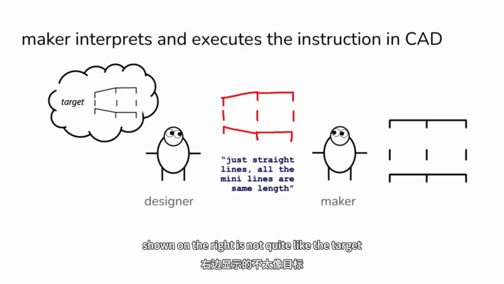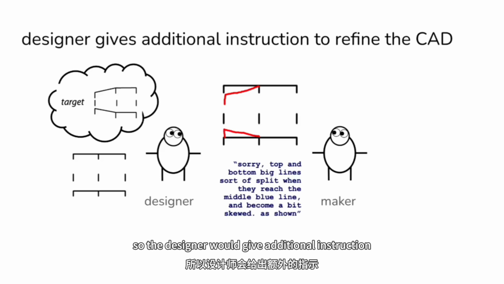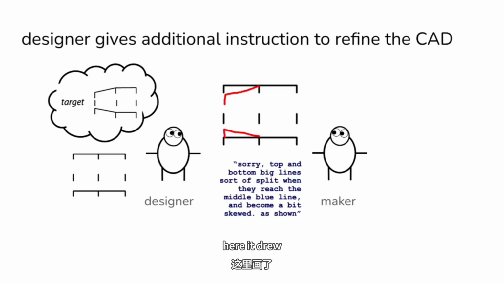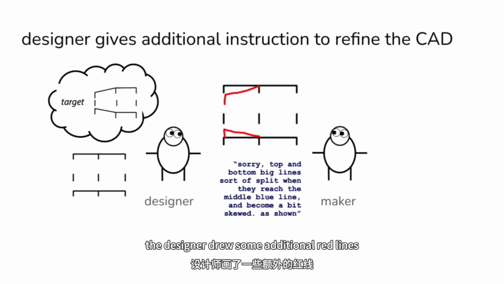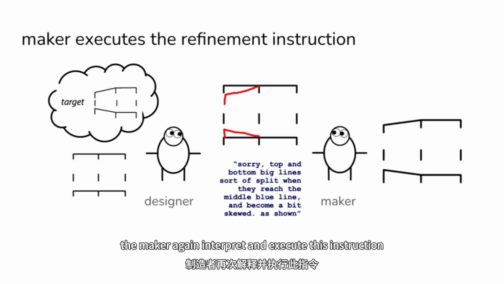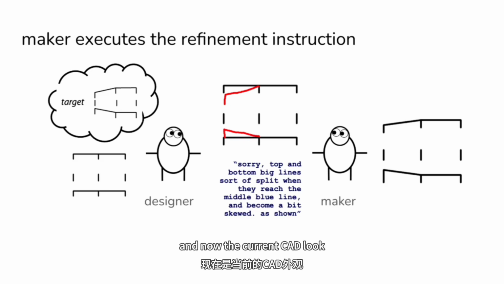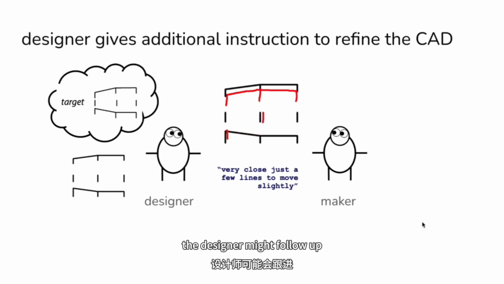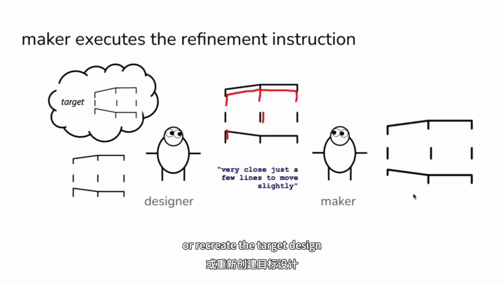This current CAD shown on the right is not quite like the target. So the designer will give additional instruction to refine the CAD. Here the designer drew some additional red lines, again with some additional natural language instructions. The maker again interprets and executes this instruction, and now the current CAD looks much more like the target than before. The designer might follow up with another round of refinement, and the maker was able to recreate the target design very close to the original.